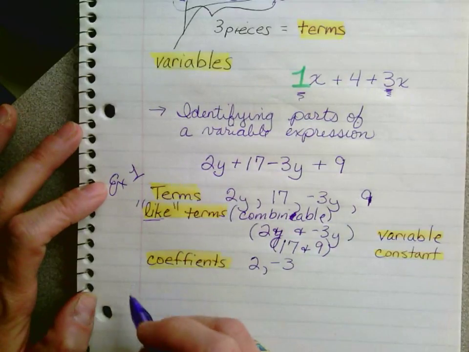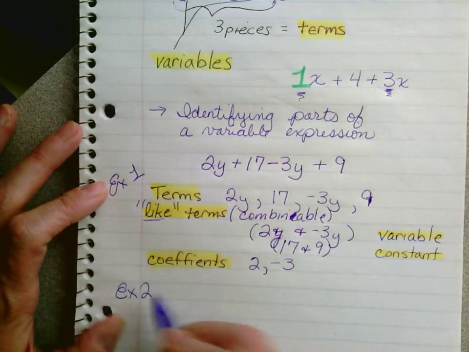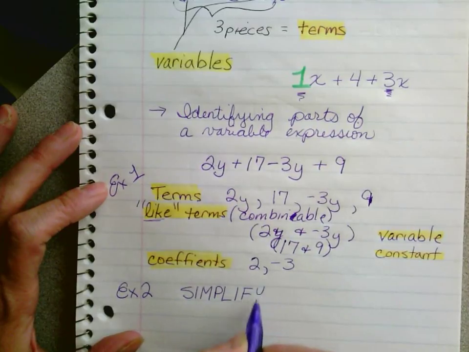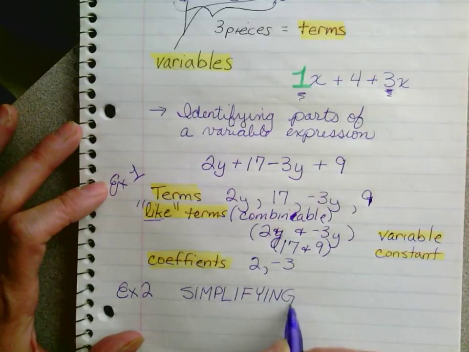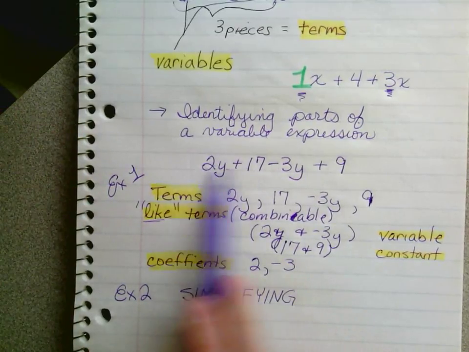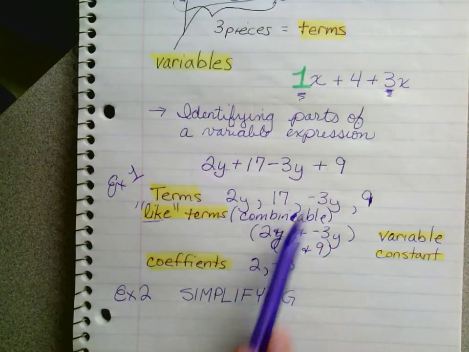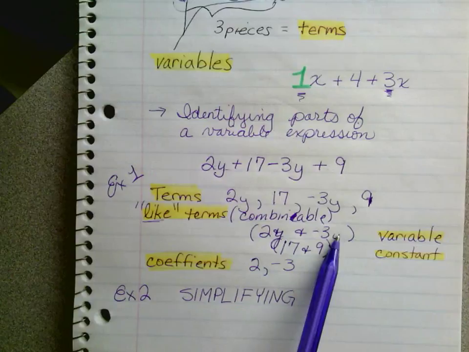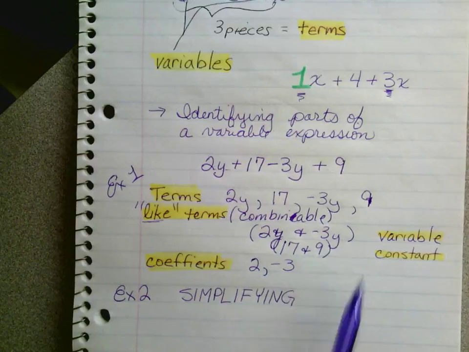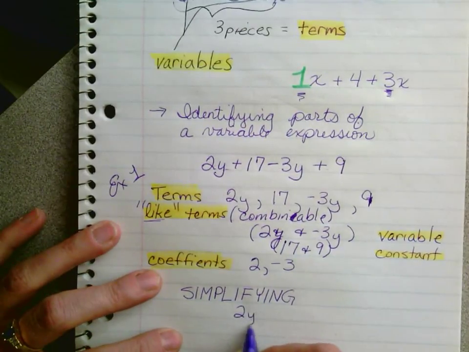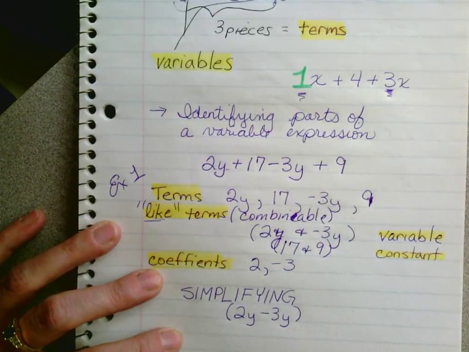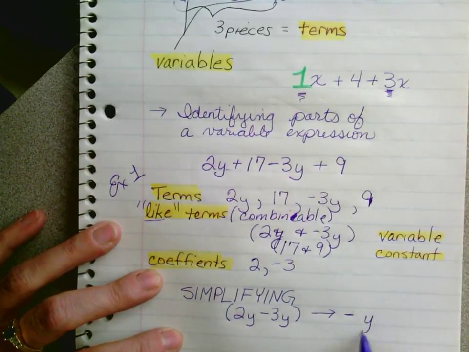Example 2 has us simplifying such things. So if I start with this, go right back to that. Remember how I listed these two together because they're combinable? Since 2y and negative 3y can be combined, I have a result of negative 1y.